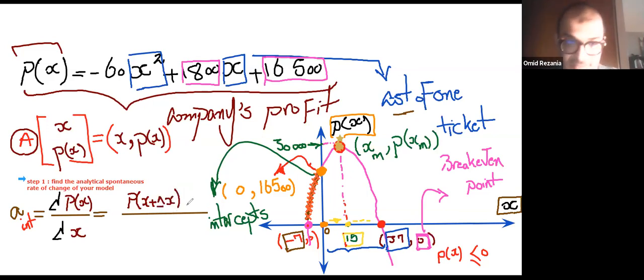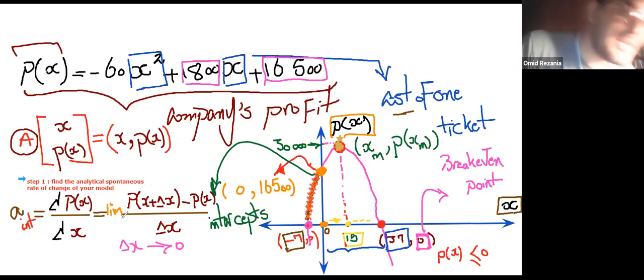P of x plus delta x, minus P of x, divided by delta x. In that case, we push delta x to 0, and at the same time, you get to know this part next year. We put a sign, LIM, we call that limit. We do not focus on what it means, but we know how to find this representation.